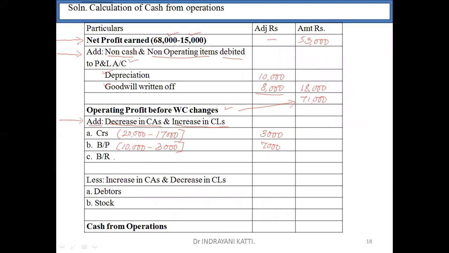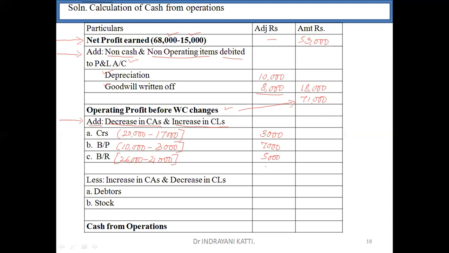Look at the current asset. It should be decreased, then only we can add. Decrease in the current asset is added. So how much is the bills receivable amount? 26,000 in the first year. The second year it is decreased to rupees 21,000. Added, the difference is rupees 5,000.